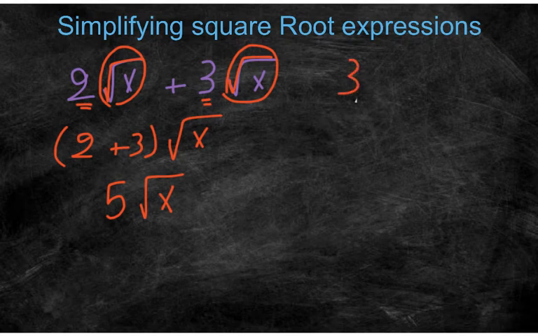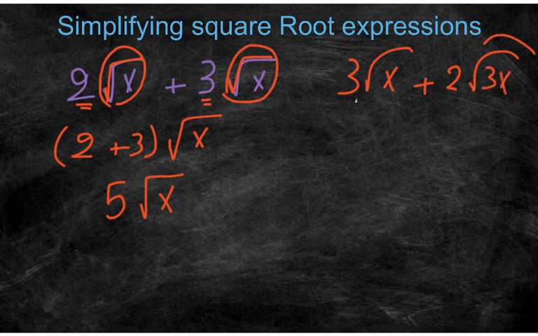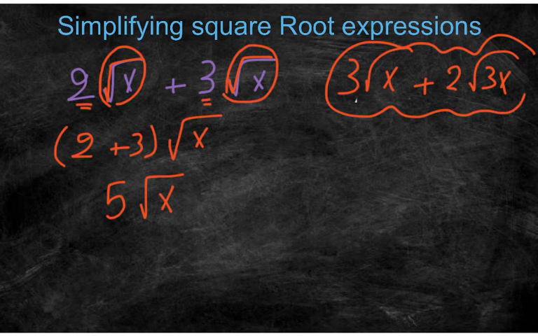If we have 3 square root x plus 2 square root 3x, we can't combine the radicals, just when we have like radicals. Let's take more examples.